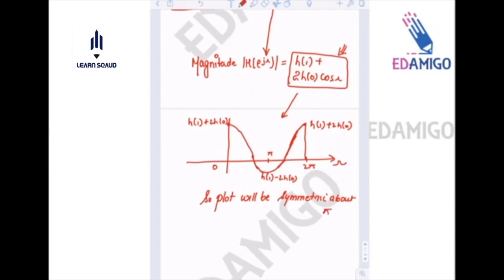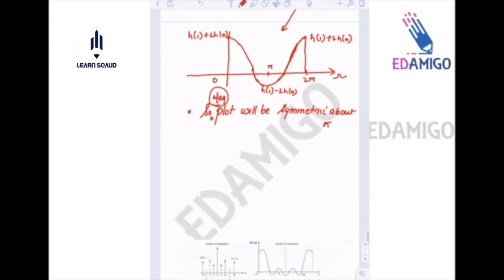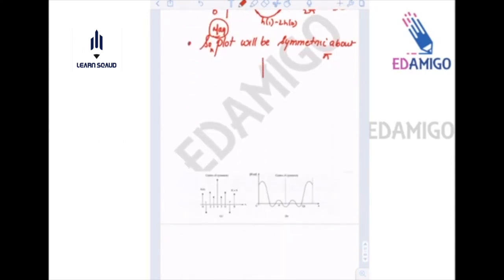So this is an important conclusion. Magnitude plot will be symmetric about π. Okay. Now this conclusion is valid for all, because here I have copied from a book, where N is equal to 9, and here also it is symmetric about π.